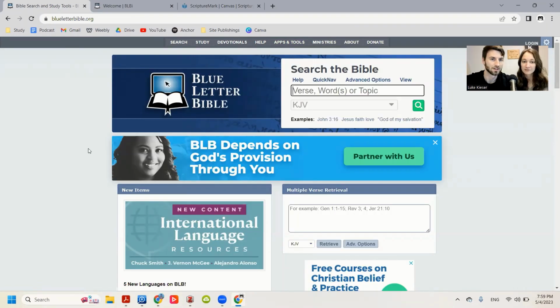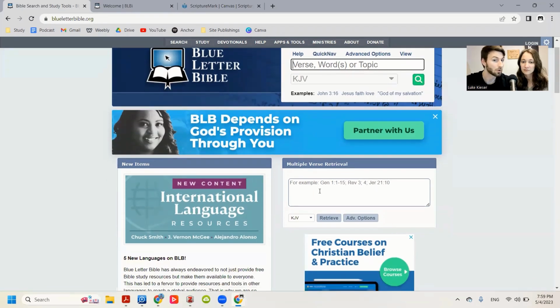Very cool. Another thing back on the homepage is this multiple verse retrieval. What this is, if you have a lot of scriptures that you just want to copy and paste, I'm just putting in random things.